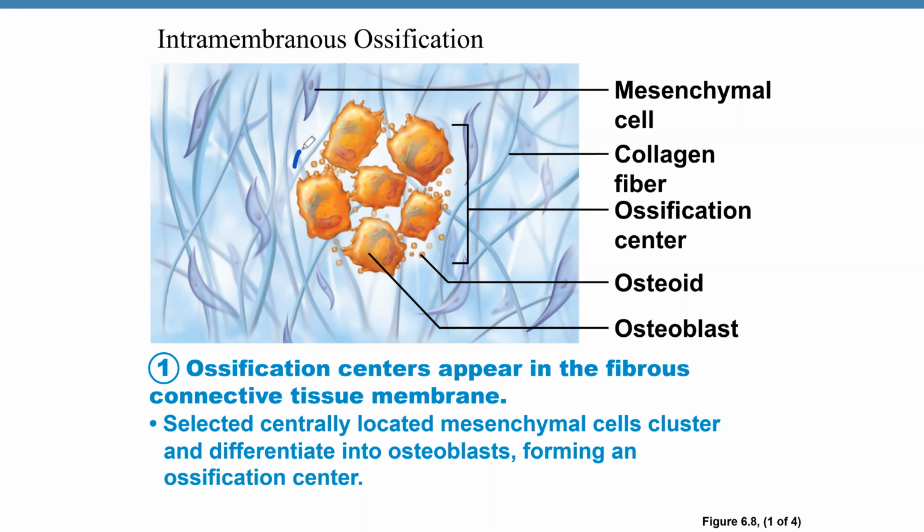We know the osteoblasts are the cells that secrete osteoid and form bone, right? So we form the ossification center when mesenchymal cells cluster and differentiate into osteoblasts.